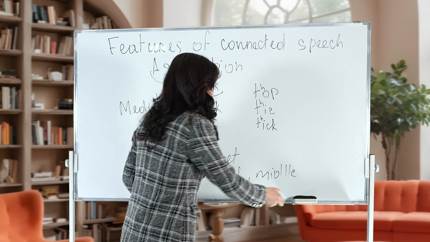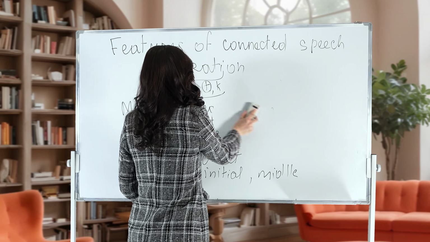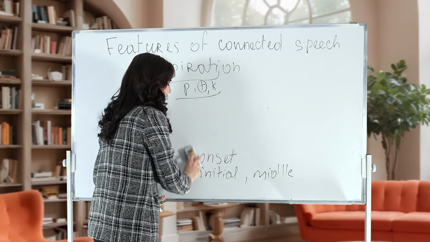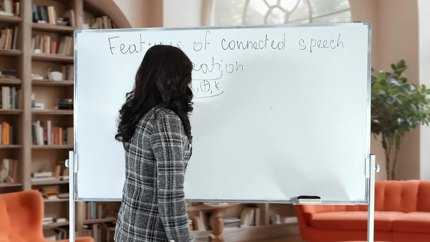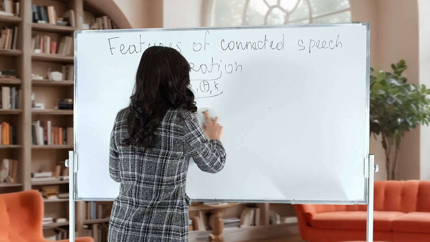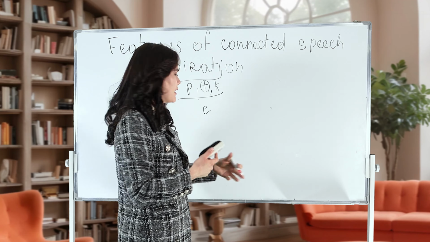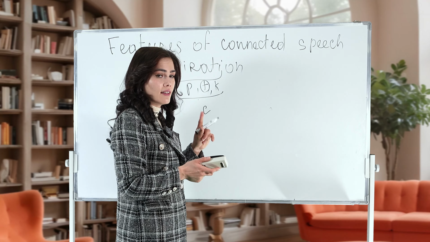Okay? So let's talk about the last sound we've got for aspiration. It is the k sound. For example, you can say, although it is written with c, it is pronounced k. That is why we should pay attention to the sound, not the letter.